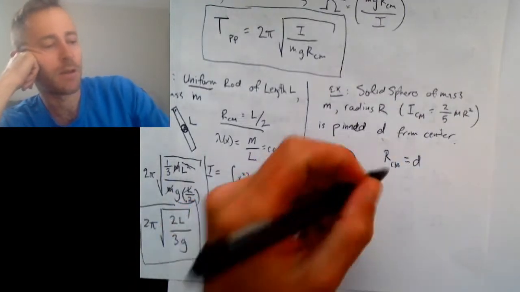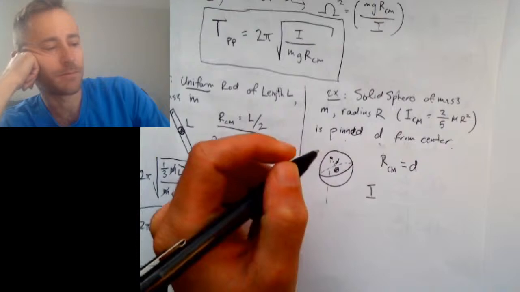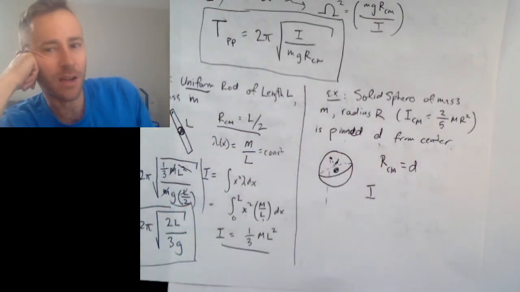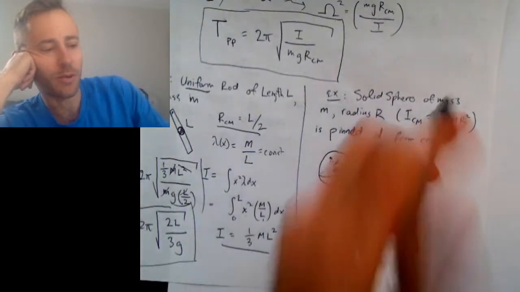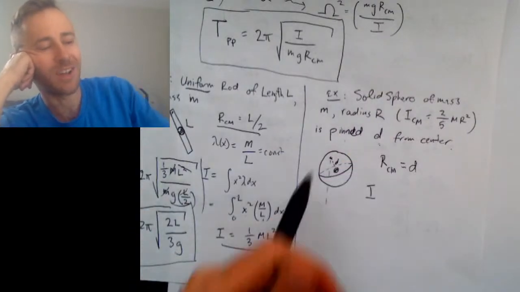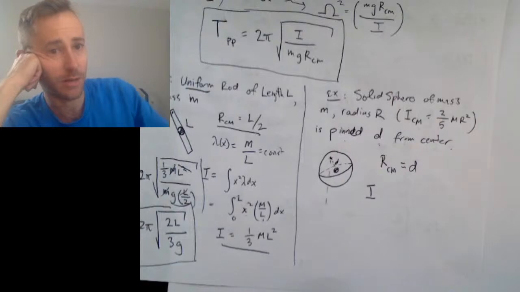Then I have to get the inertia. But here's the thing. We can't just use 2/5 m r squared, because that is the inertia about the center of mass. This is not pinned at the center of mass, though. It's pinned offset from the center of mass.